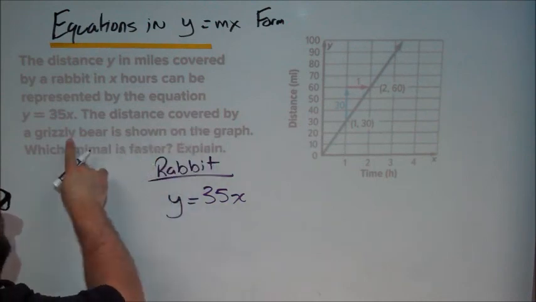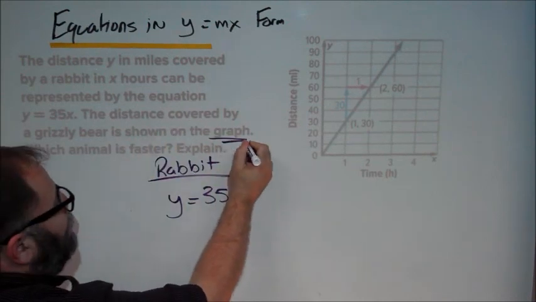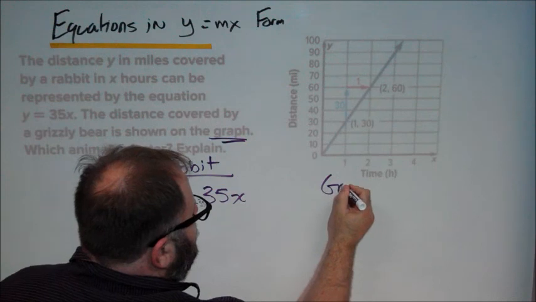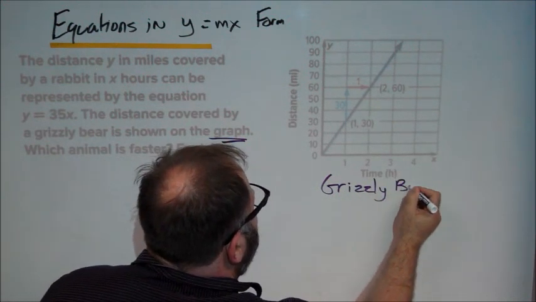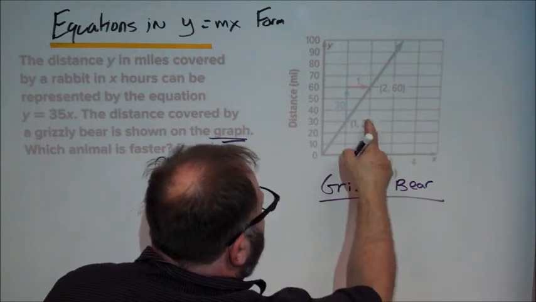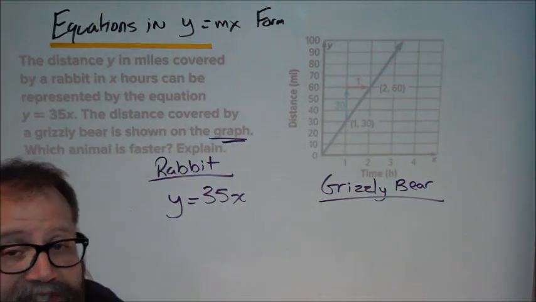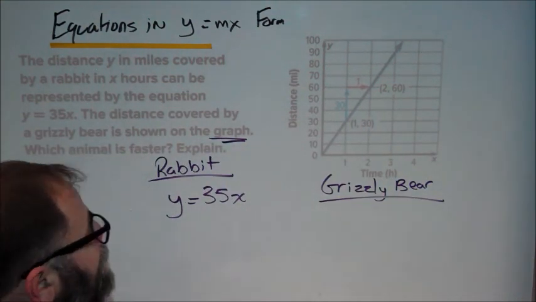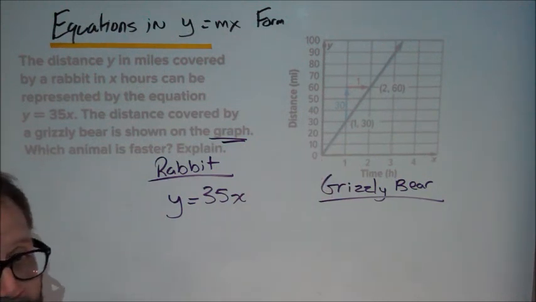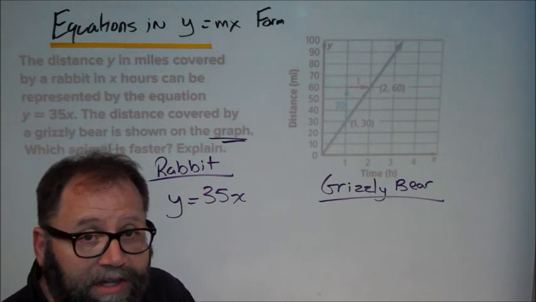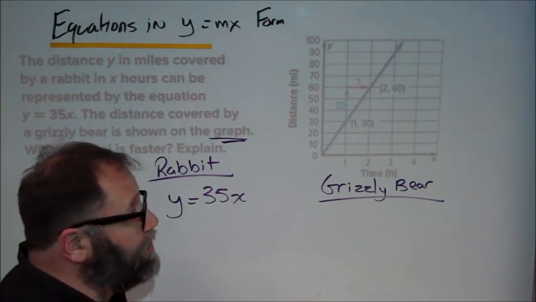The distance covered by a grizzly bear is shown in the graph. Okay, so here's the grizzly bear, but we only have the graph. So let's take the graph, and because we have direct variation here, we know it goes to the origin. We can choose any point, because there's a constant of proportionality, to determine what our slope is.